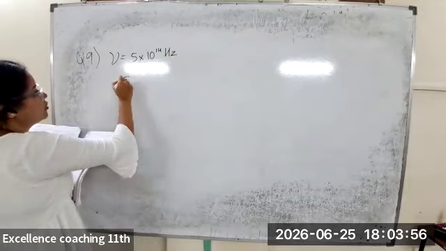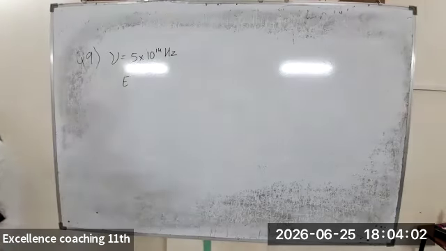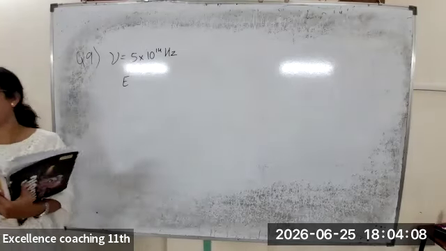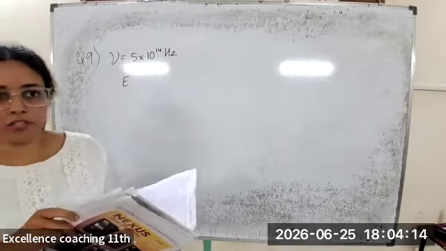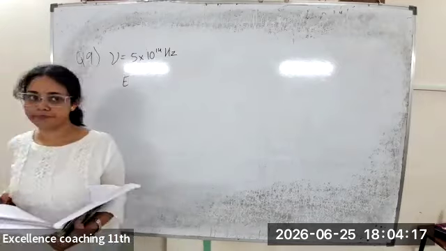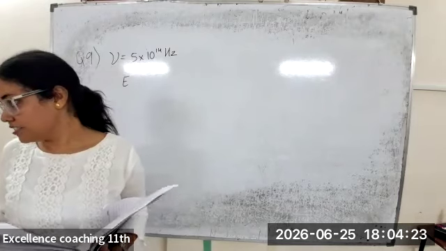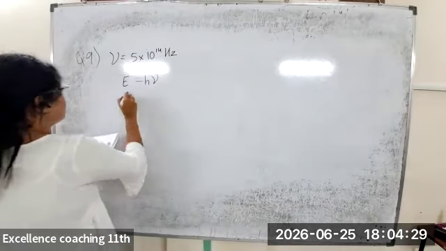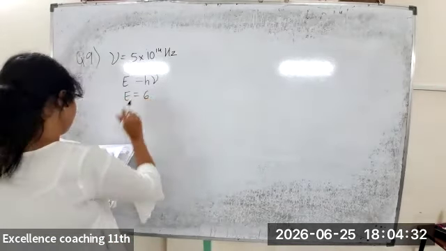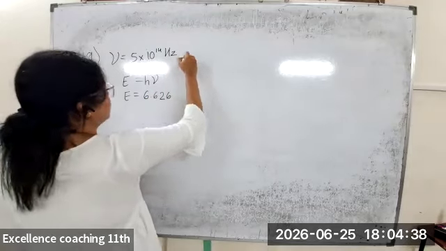So which formula will we use? Here we want the energy of the photon. So far we have come across 4, right? Which from the 4 will we use? E is equal to h nu.